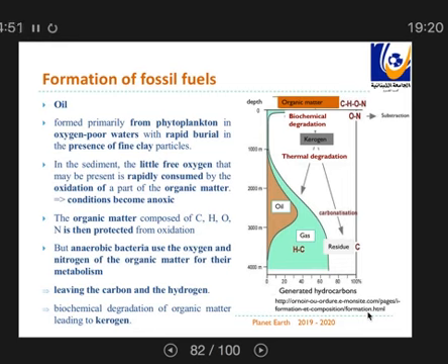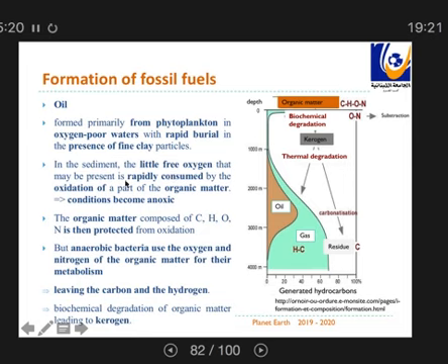Now, oil and gases, on the other hand, are formed primarily from phytoplankton, also in oxygen-poor waters, where we have a quick and rapid burial of the material in the presence of fine clay particles. Actually, what happens is that the material is trapped in the clay particles, and there is little free oxygen that may be present in such conditions.